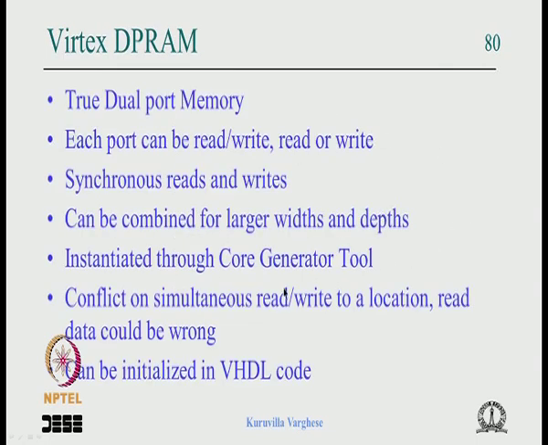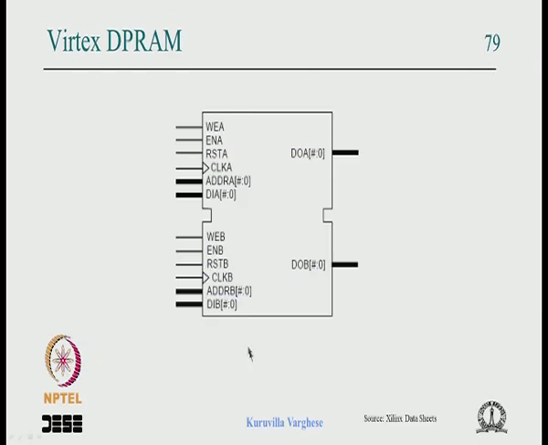It can be instantiated through the core generator tool, the various blocks can be combined for larger width and depth, and if the same location is accessed there is conflict and the read can be wrong, and the memory can be initialized in VHDL code. Like you can instantiate it and write some pattern to start with in the memory, and so while configuring the FPGA it gets written, so that can be specified in the VHDL.